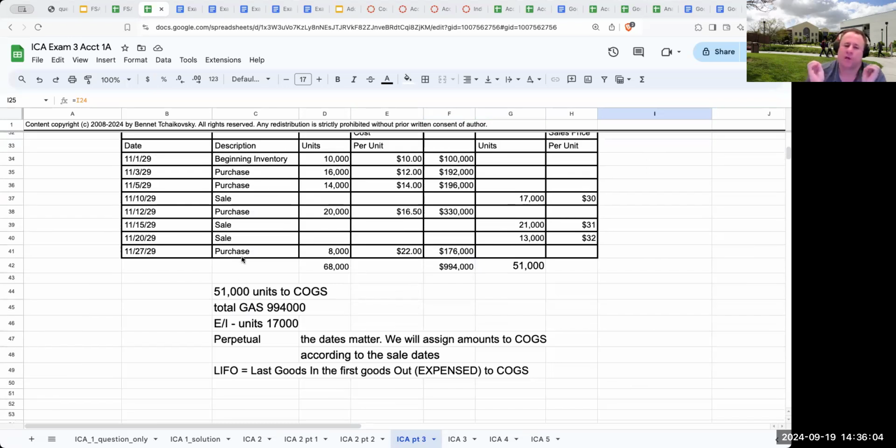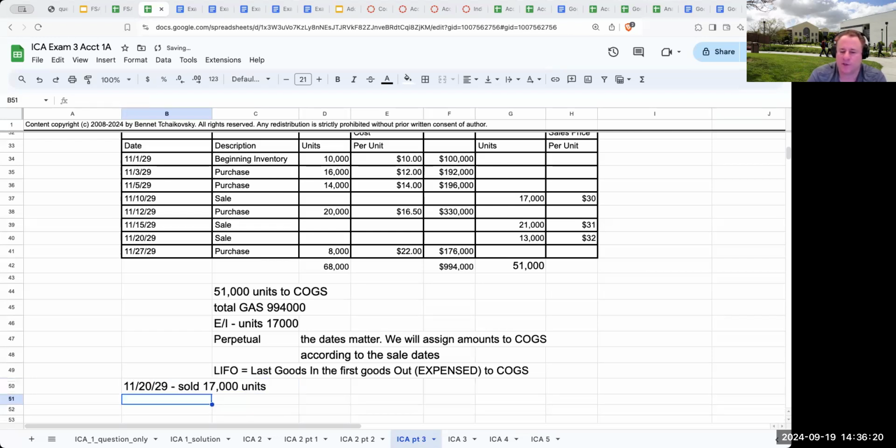So what we're going to do is look at each individual sale date and determine cost of goods sold by applying LIFO. My first date of sale is 11/20/29, where I sold 17,000 units. Last in, first out.